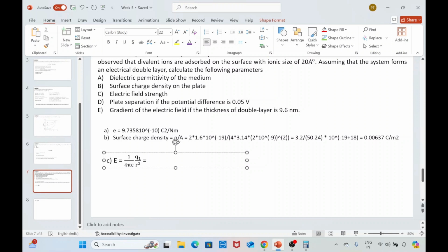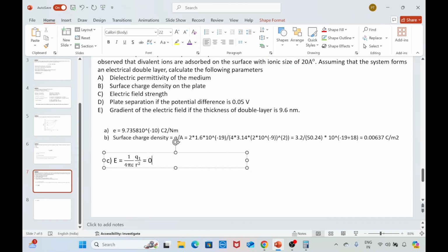If you see Q by 4 pi r square, that is Q by A, that is nothing but the surface charge density of your ion. So that is already calculated. So you just need to divide the surface charge density by the dielectric permittivity of your medium.